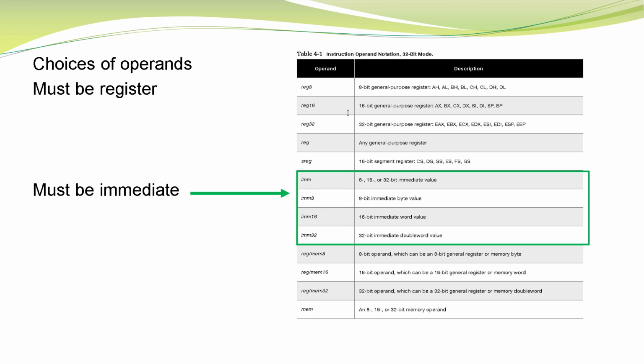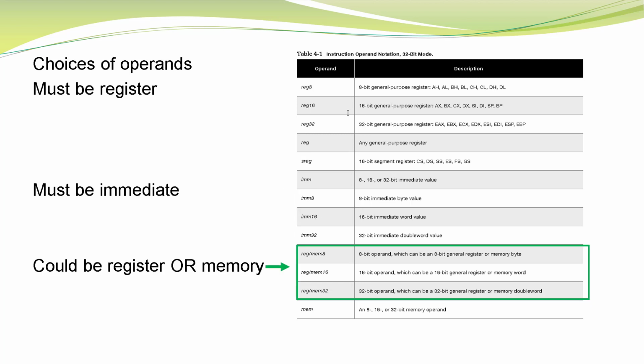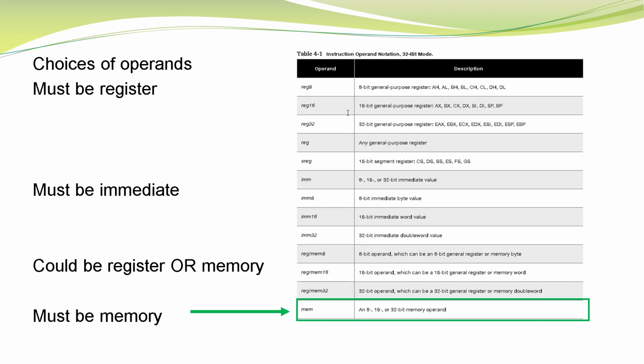If you see something that looks like this, you know that operand has to be an immediate literal value. Some of them say 8, 16, 32, or just in general immediate. Now then, this gives you the option. It could be a register or a memory operand. Again, 3 different sizes. And finally, if it just says MEM, you know that has to be a variable of some sort or some memory location.